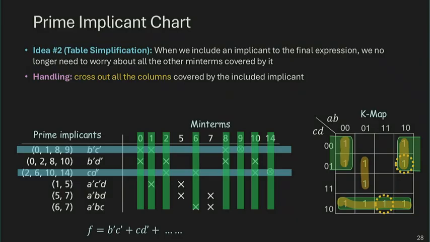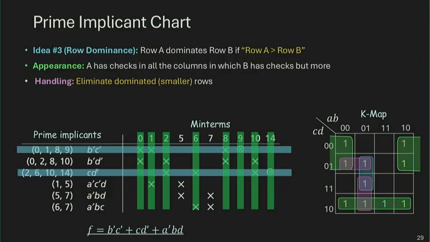So that observation is formulated into the second rule that you can apply to the prime implicant chart. If there's a row that appears to be bigger than other rows, you can get rid of the smaller rows, since this one provides strictly more coverage than these other implicants. In this example, that covers everything. But in other examples, you could be left with quite a lot of variables.